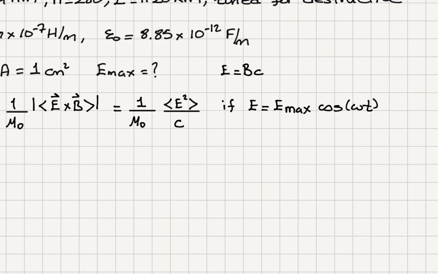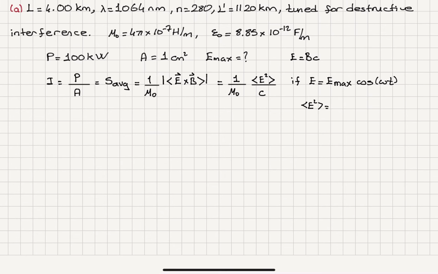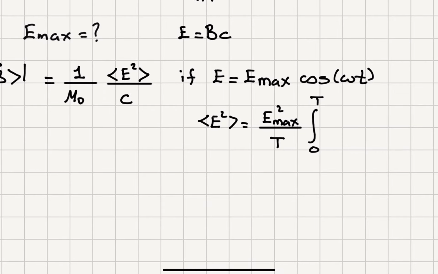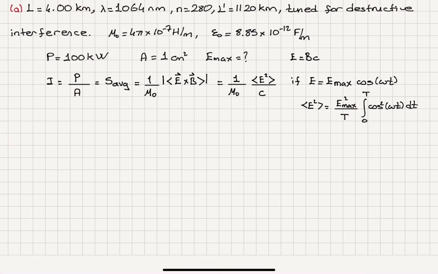If I look at the time average value of E square, this is going to be E max square, averaged over one period divided by the period integrated over one period 0 to T cosine square omega t dt. All right, so I know this.